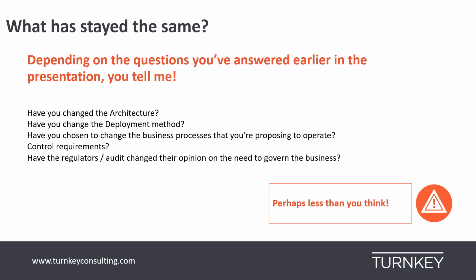Have you changed the deployment methods? Have you chosen to change any of the business processes? Which of the business processes are you being forced to redesign? Do you have any control requirements? Are there any new controls that you have to implement as a result of the changing business processes and the different ways in which you can interact and engage with the S4HANA system? And have regulators or auditors changed their opinion on the need to govern the overall business and the processes?